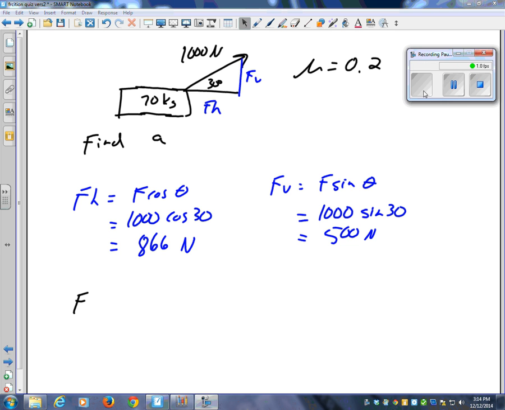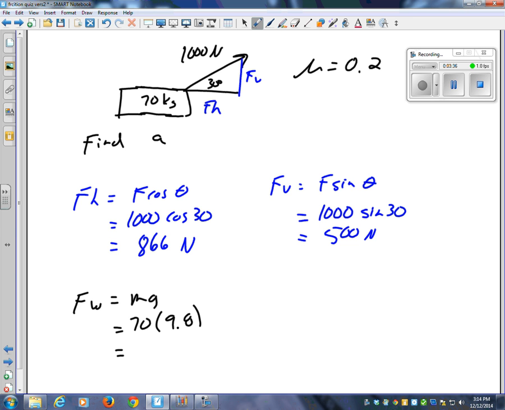Weight force is mass times gravity. 70 times 9.8. 686.